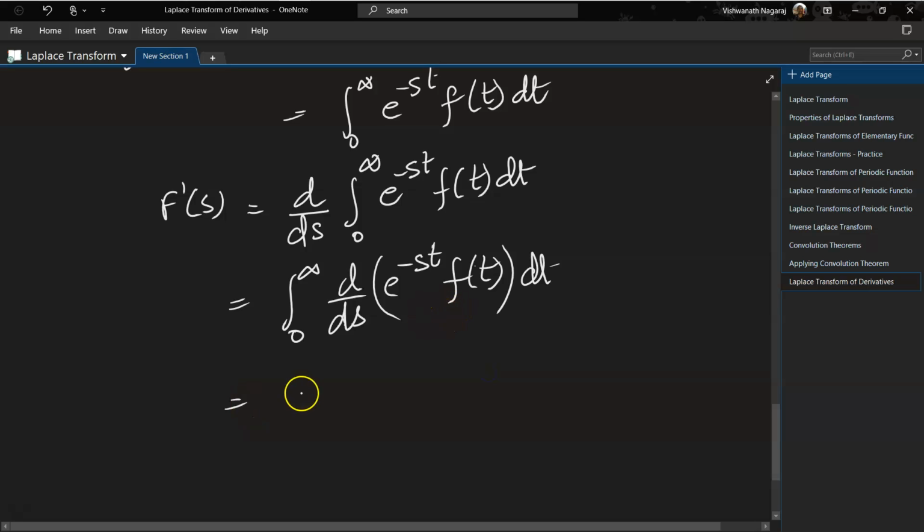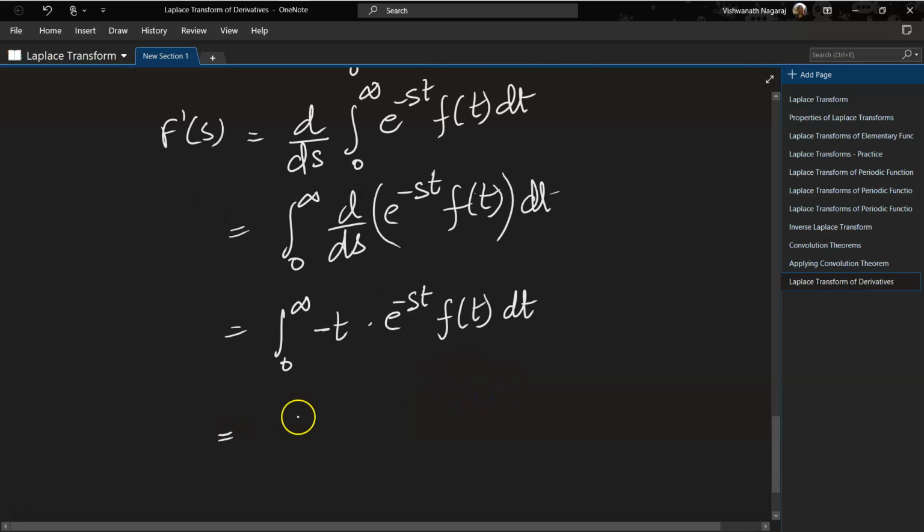Now let's differentiate this. So when we differentiate, what do we get? This e to the power of minus st is the only thing we have to differentiate. f of t doesn't contain s because we are differentiating with respect to s. So we get minus t times e to the power of minus st f of t.